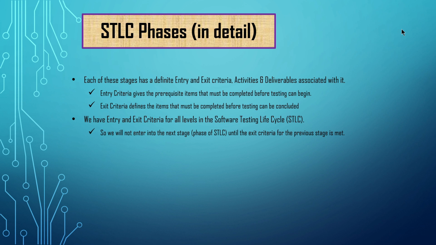So we have entry and exit criteria for all levels in the software testing life cycle. We will not enter the next phase of the STLC until the exit criteria of the previous stage are met. For example, we will not jump into test planning unless the requirement gathering is completed, and similarly we will not jump into test reporting unless the test execution phase is completed.